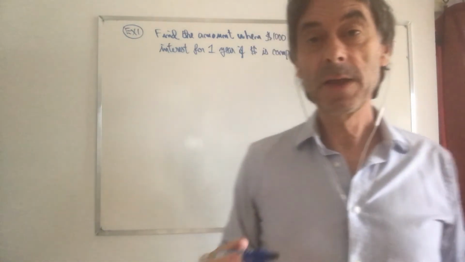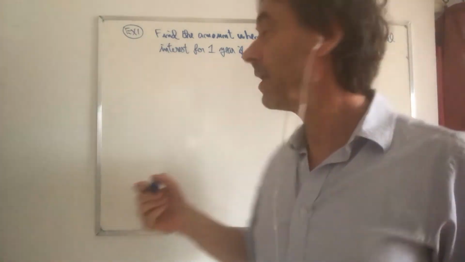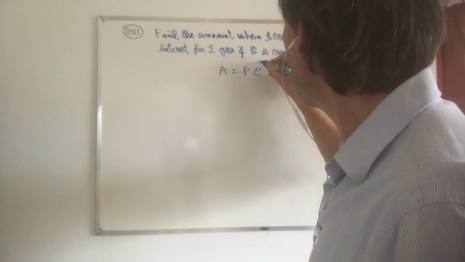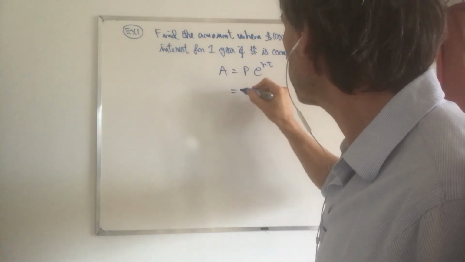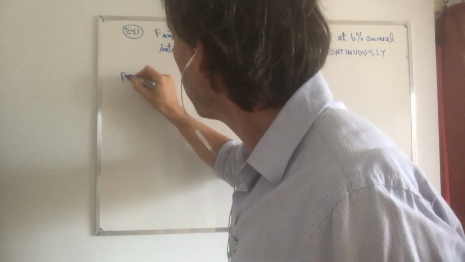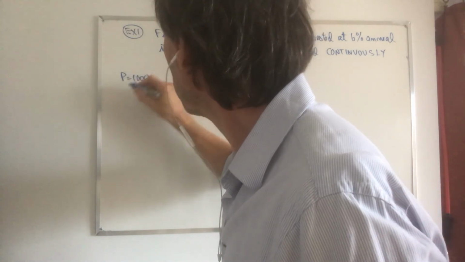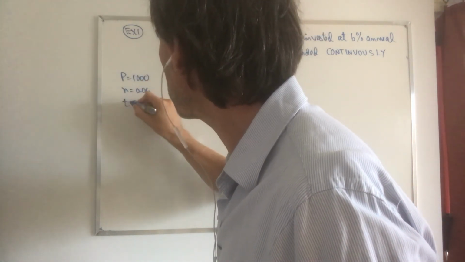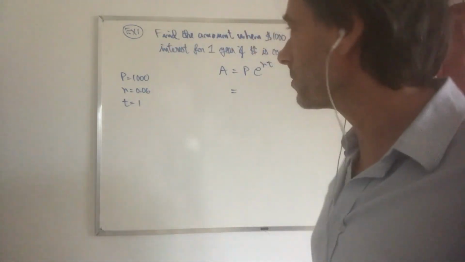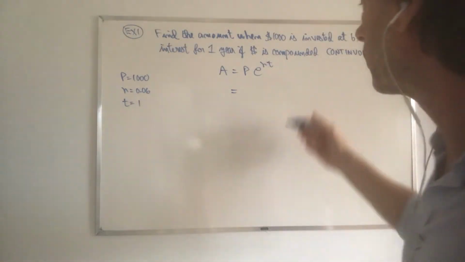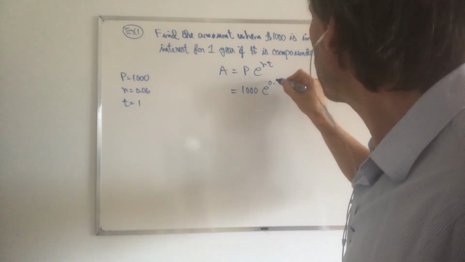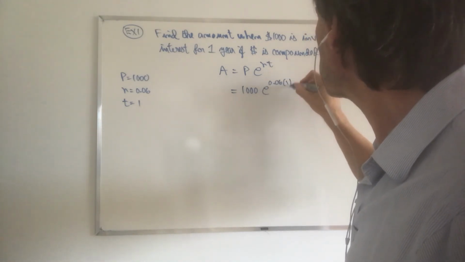So no more A is equal to P times 1 plus r over n to the nt. Now this is the way to calculate continuous interest. So again, P is 1,000, r is 0.06, and the amount of time I leave it in the bank in terms of years is 1. Nothing could be simpler, right? So 1,000 e to the 0.06 times 1.